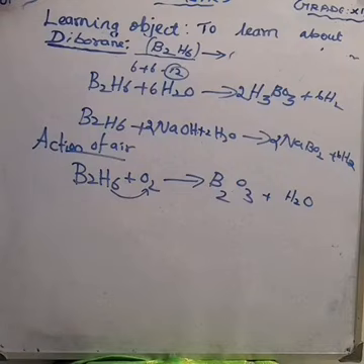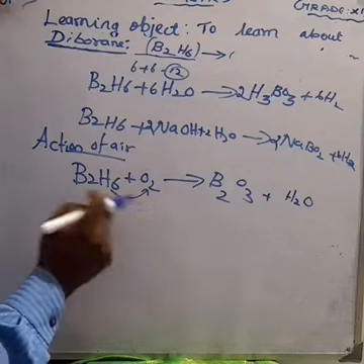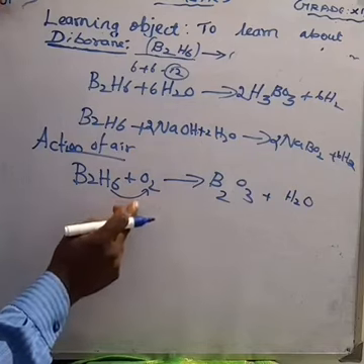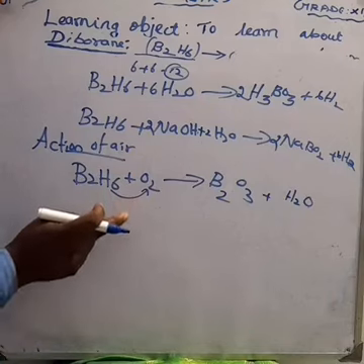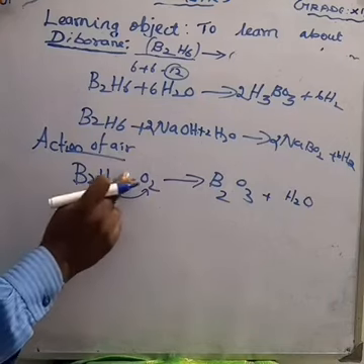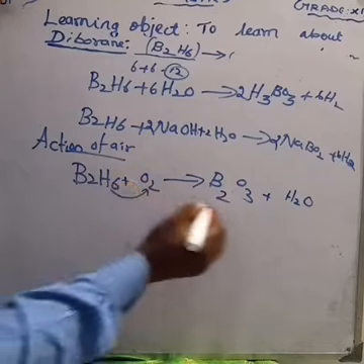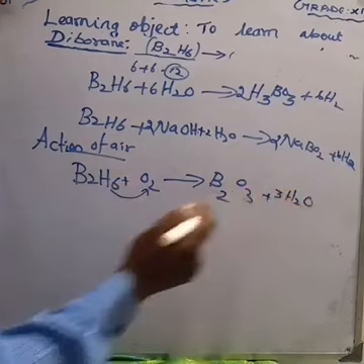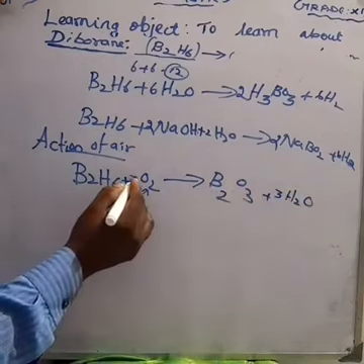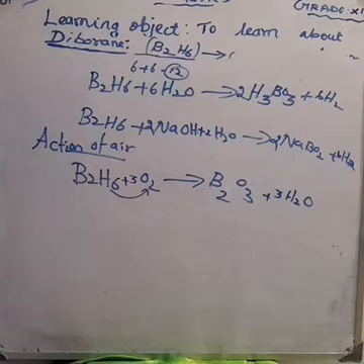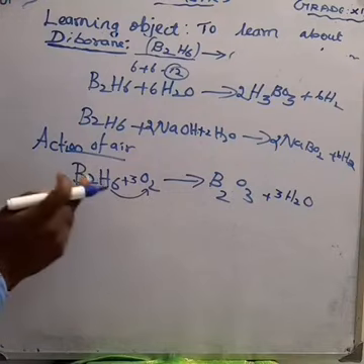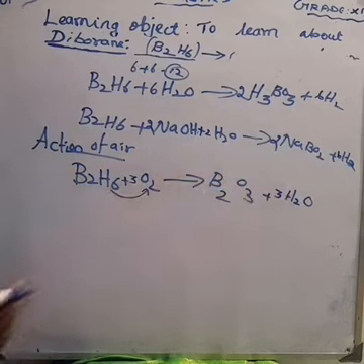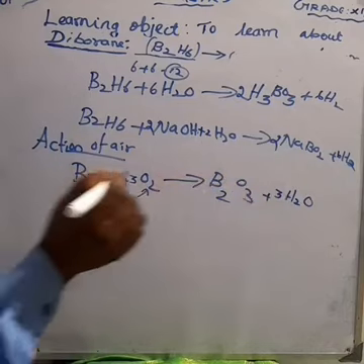So borons are balanced. What about the oxygen? The reactant side has 2 oxygen, the product side has 3 plus 1, 4. If we make it 3 in the water, then 3 plus 3 is equal to 6. So we can make it the reactant side 3 oxygen. So that is also balanced. What about the hydrogen? Hydrogen here has 6, they also have 6. Now the reaction is balanced.